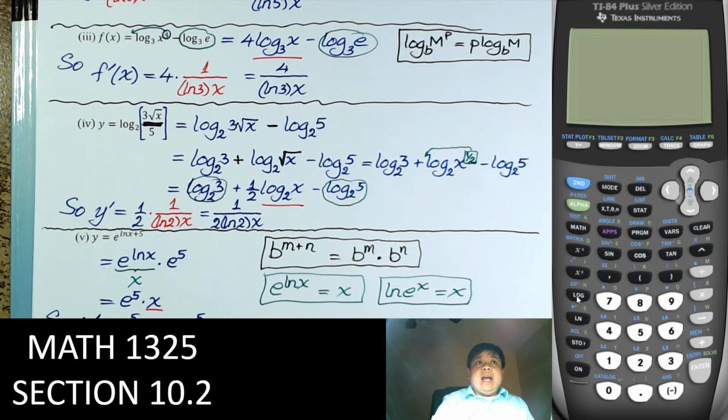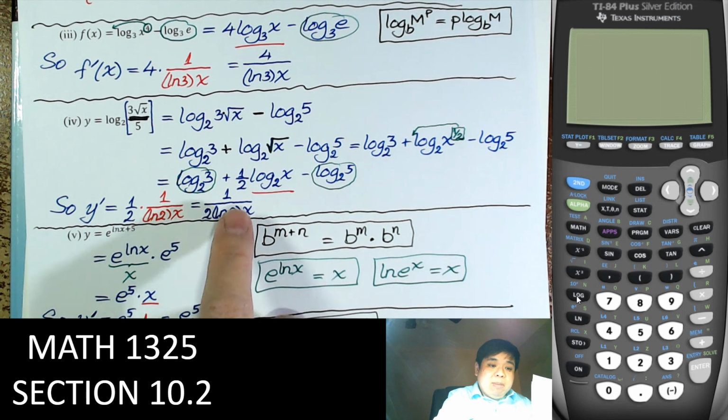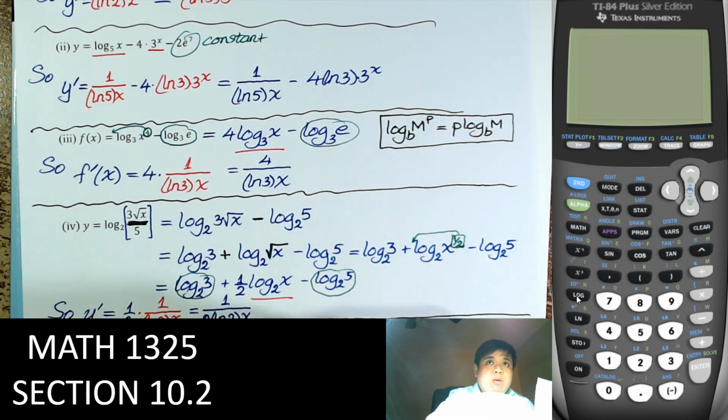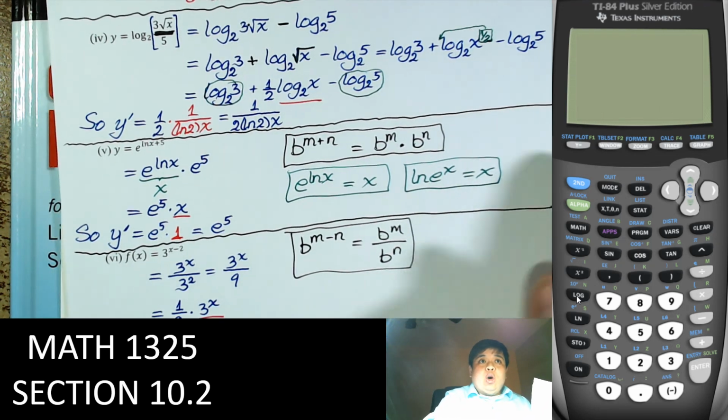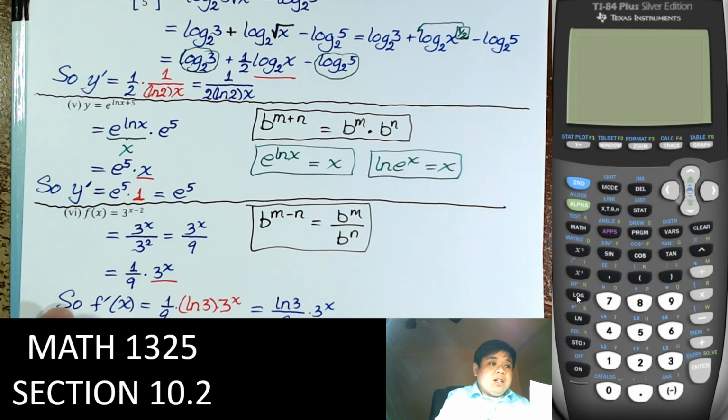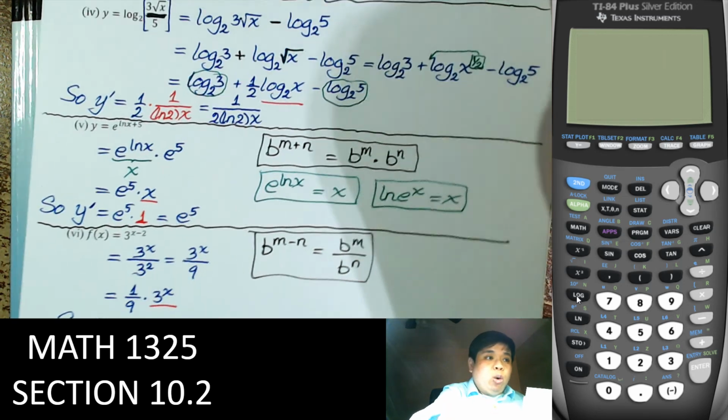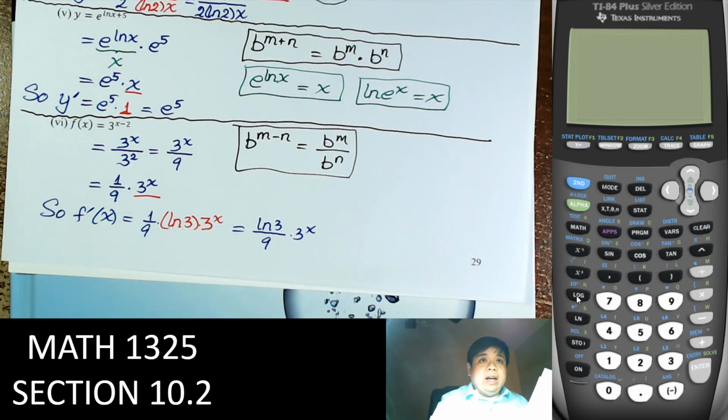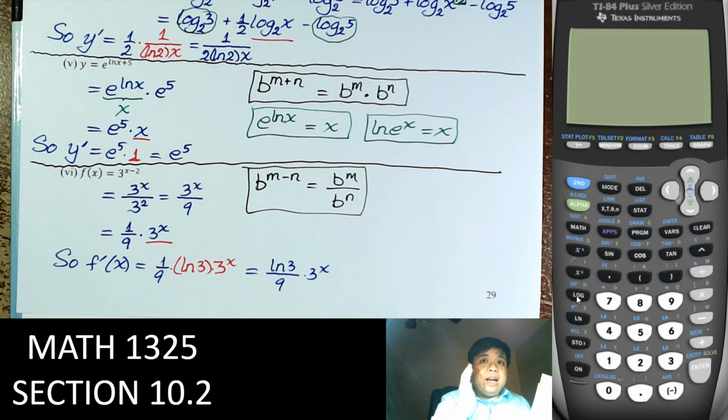Things get complicated when we have to go around and get back to just that term. So there are a lot of rules that we need. Good news is in section 10.4, even if we don't know all of the rules here, we still will be able to do that and get directly to the answer. But it's always easier if we know more rules of the log and exponential function. The more we know about the exponential and logarithmic properties, the easier we do the derivative.